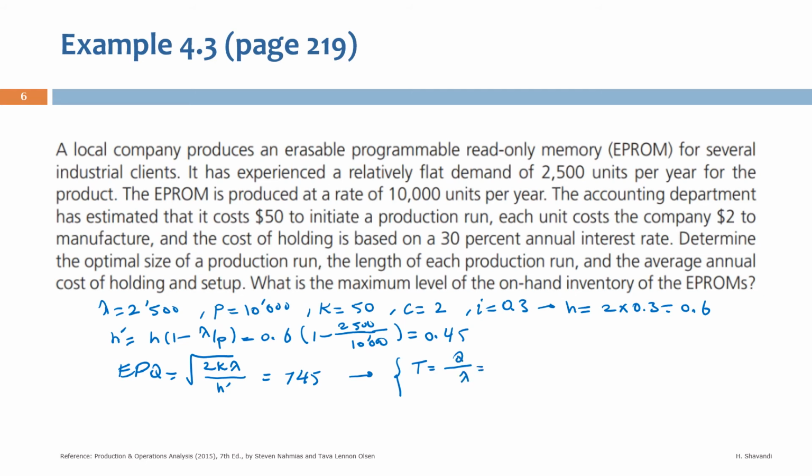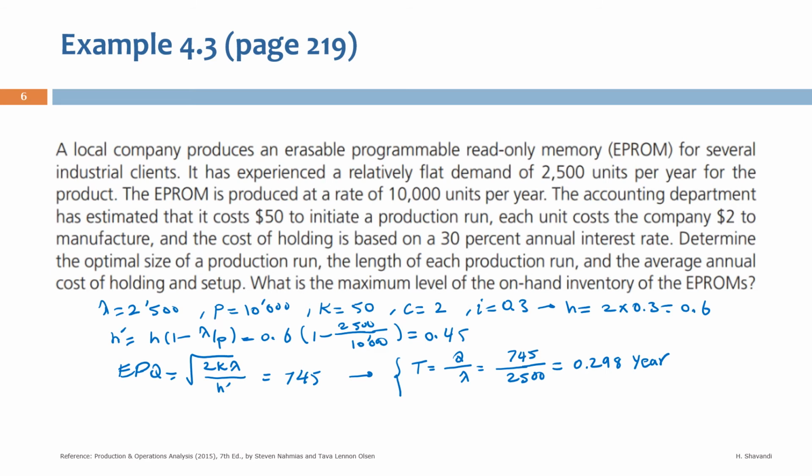So it will be 745 divided by 2,500, which becomes 0.298 years. So this means every 0.298 year we will have a cycle of uptime and downtime for our inventory system.